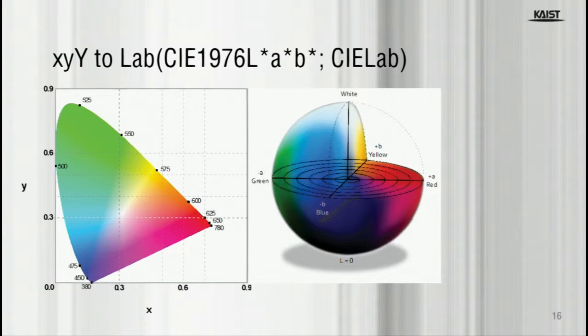In the CIELAB system, the L indicates the lightness, and this varies between 0 and 100. Then, the a and b axes define the hue characteristics of a color. Axis a defines how reddish or greenish a color is, and axis b defines how yellowish or bluish a color is.